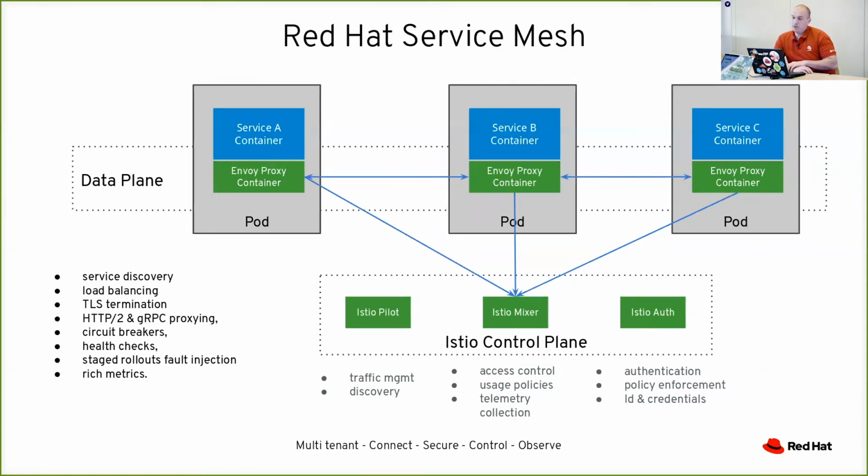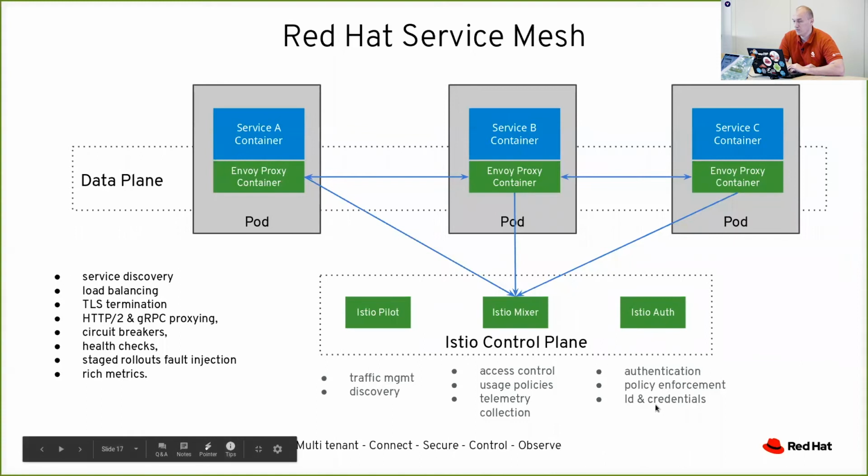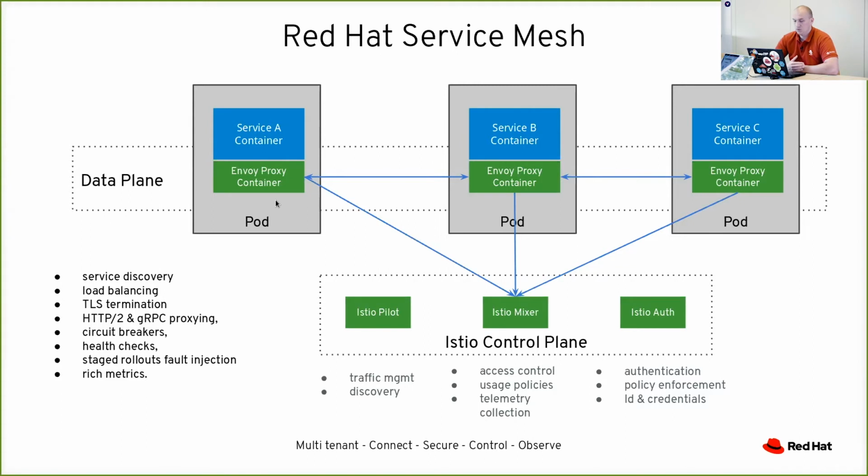The service mesh is based on the Istio project, so the current version of service mesh is based on Istio 1.4. And for the data plane, we are using Envoy proxy. So each service which we want to be managed or included in the mesh needs to run an Envoy proxy sidecar container, and all the communication between the services is executed through this Envoy proxy.